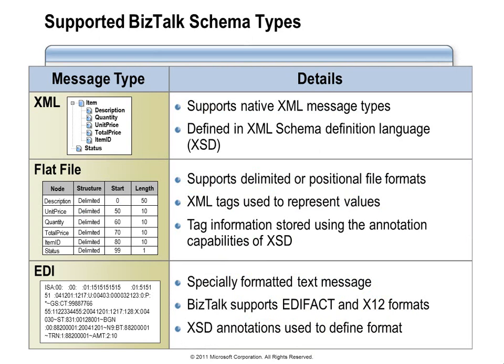Now BizTalk actually does apply this schema model to different types of messages. So far we've just been focusing on schemas that describe XML documents. So you can see there's a lot of capability there. Now the XML specification defines something known as XML annotations.